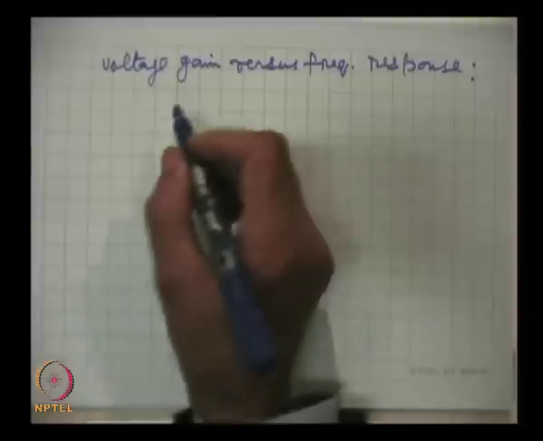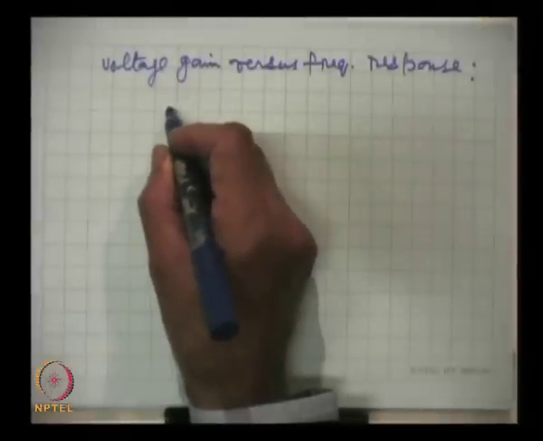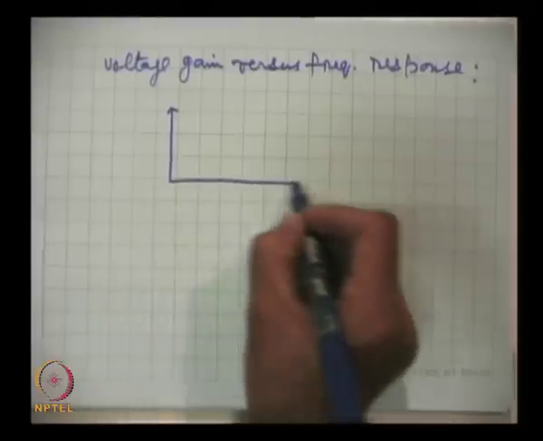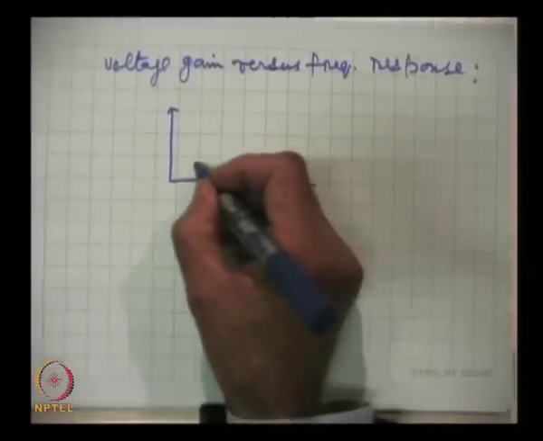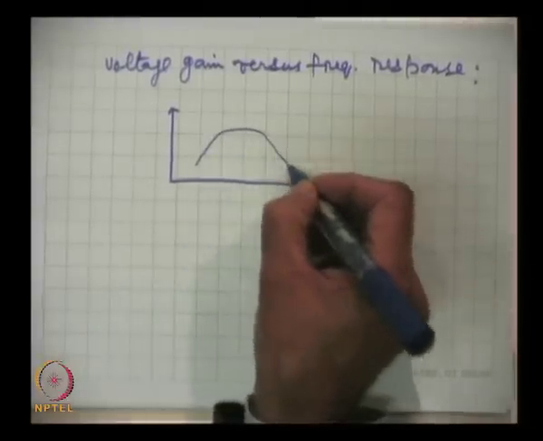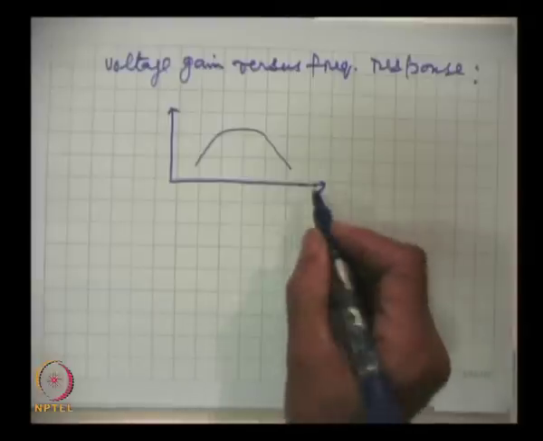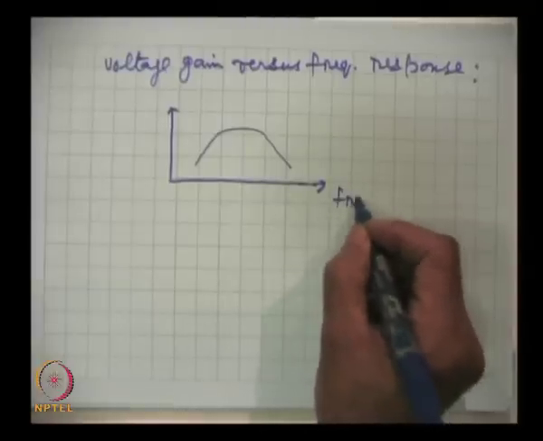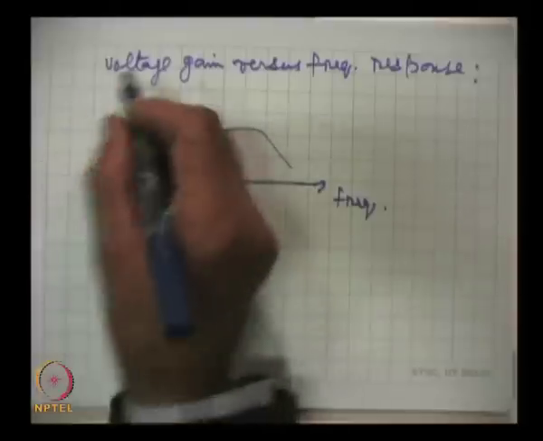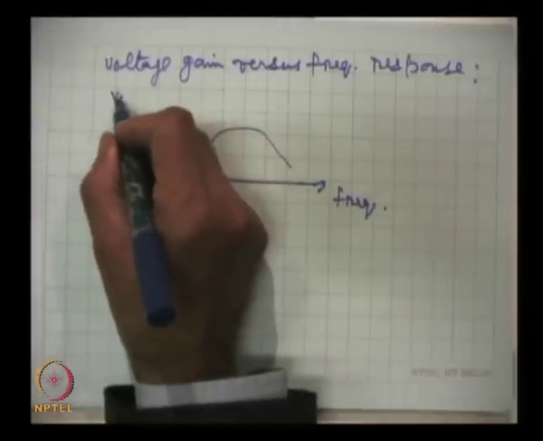In general, we will get a response of this kind. This is frequency and this is, for example, voltage gain.